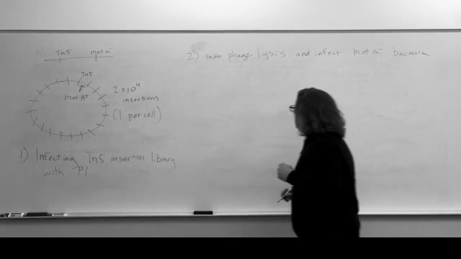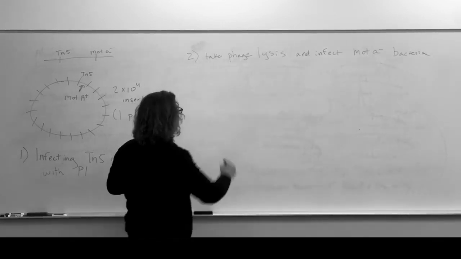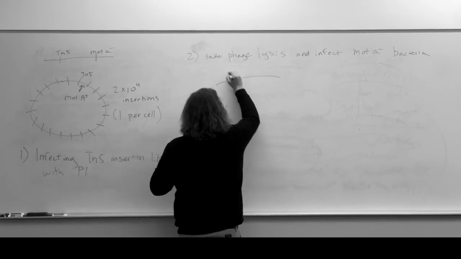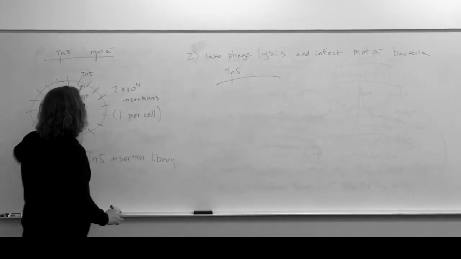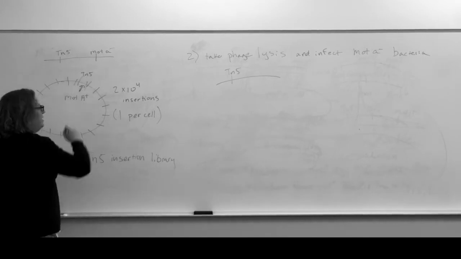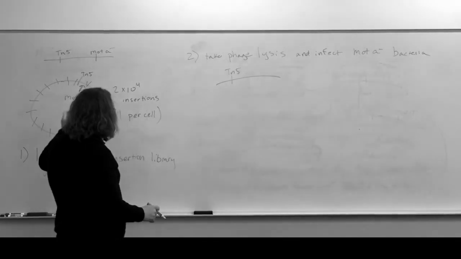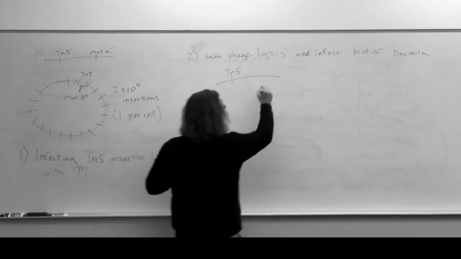So what's going to happen? Well, here we have TN5, and every once in a while we have a piece that is TN5 that's sticking next to a mod A plus gene.